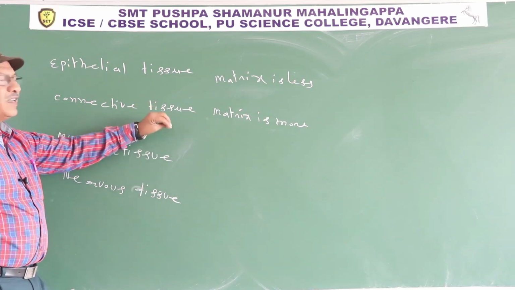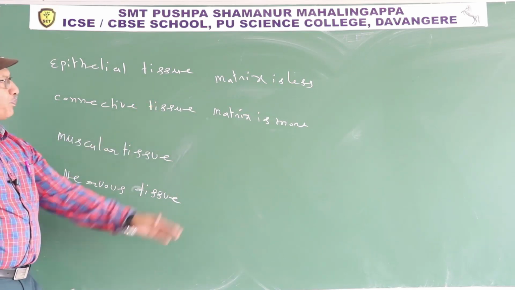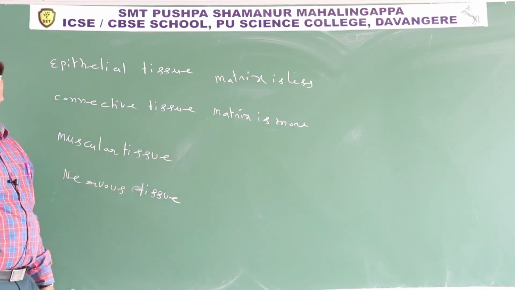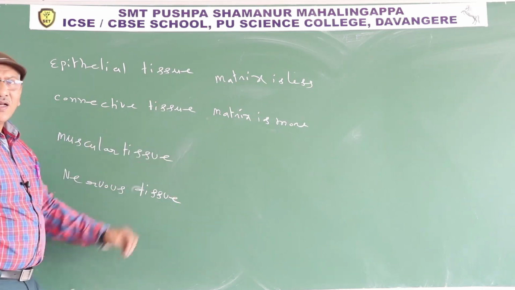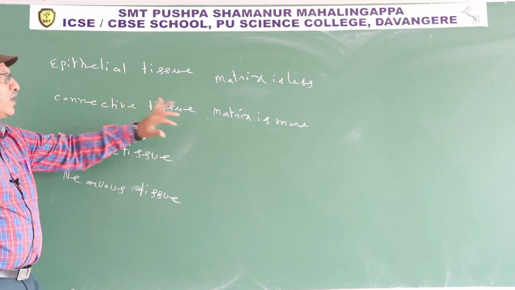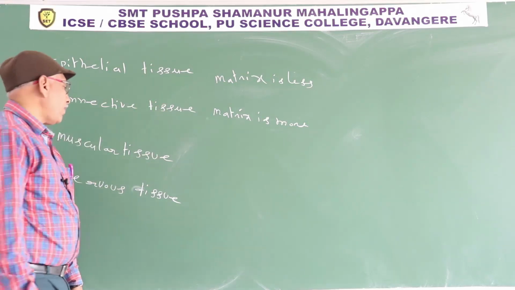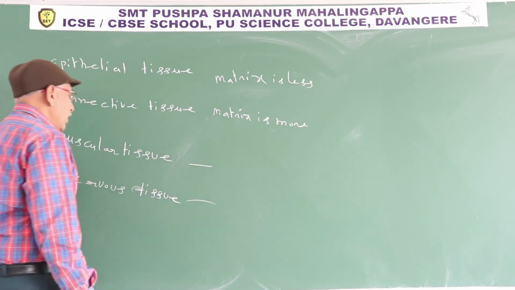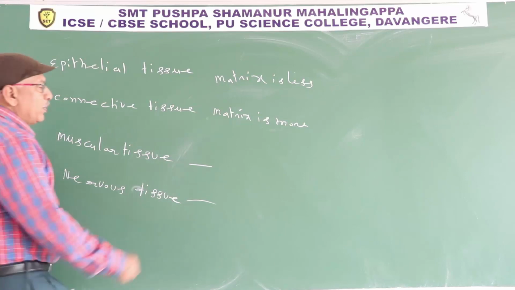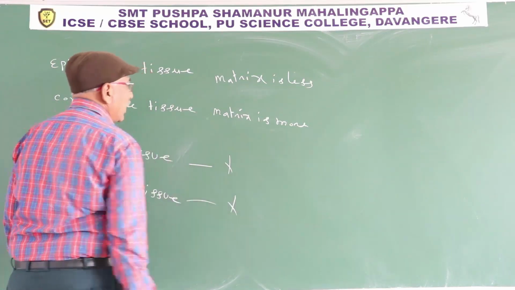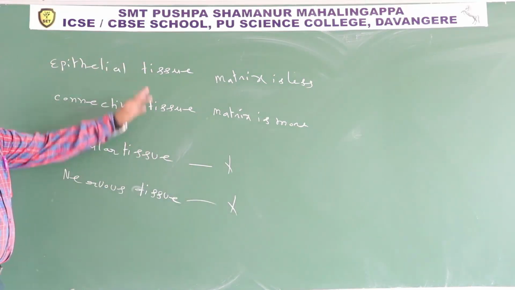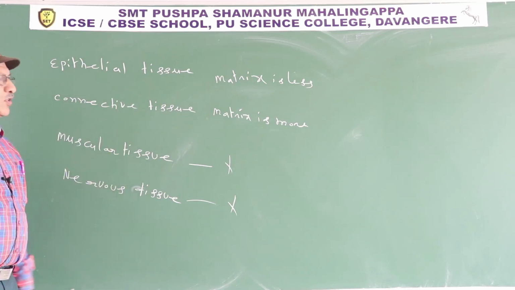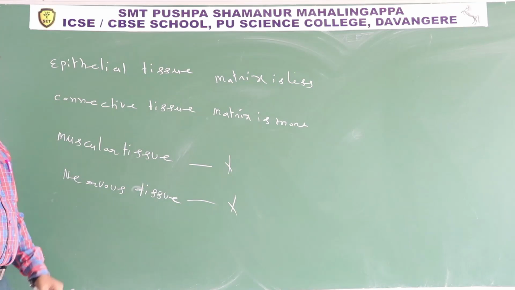So that is intercellular substances. Matrix is known as ground substance or intercellular substances secreted by the cells present in that tissue. Matrix is absent in muscular and nervous tissue. In epithelial tissue, matrix is less. In connective tissue, matrix is more.